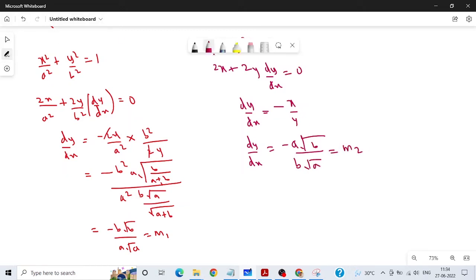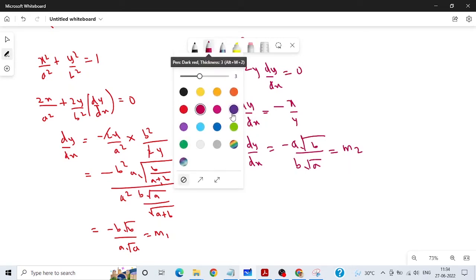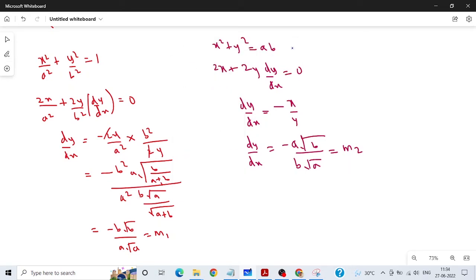Okay, so now let's calculate the angle between the two tangents, as we know the slope of the tangent. So the value of tan theta is equals to mod of m1 minus m2 upon 1 plus m1 into m2.